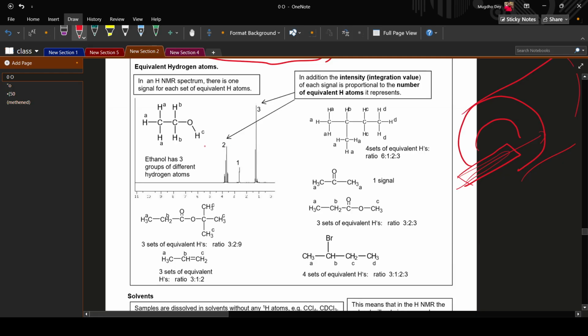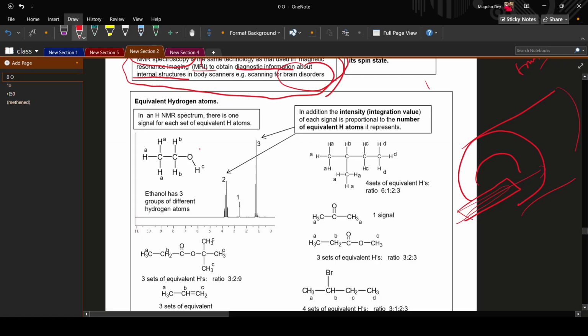In short, the application here is that we need to identify the number of hydrogen environments present in a particular organic structure. This is what matters.